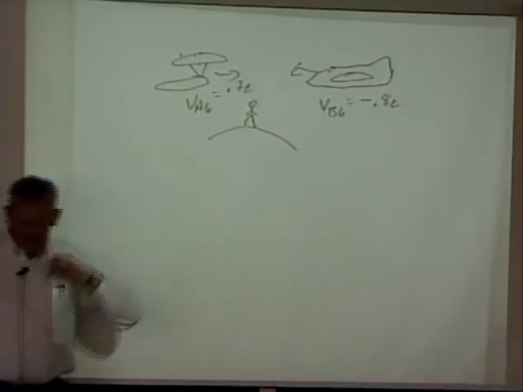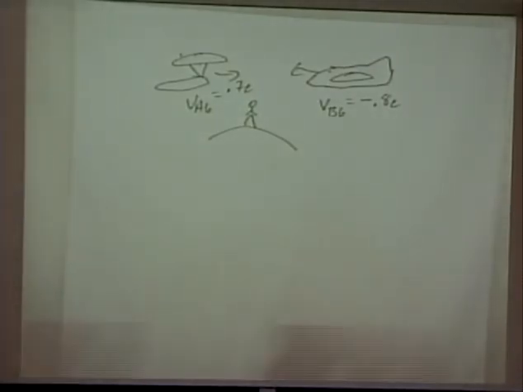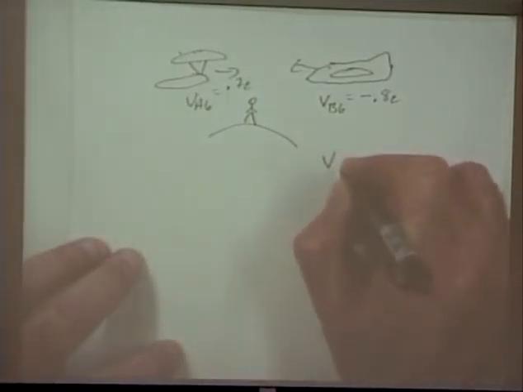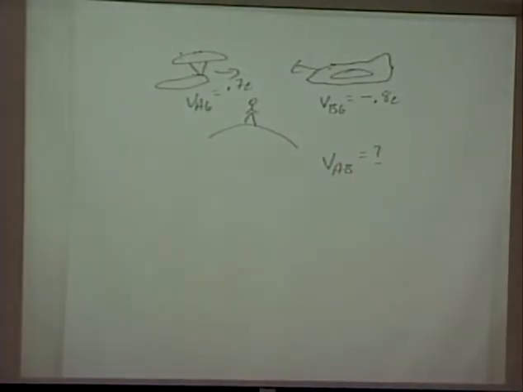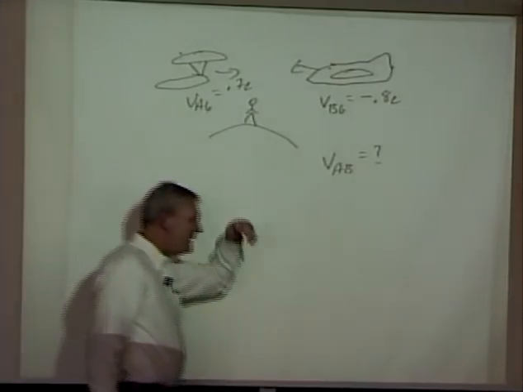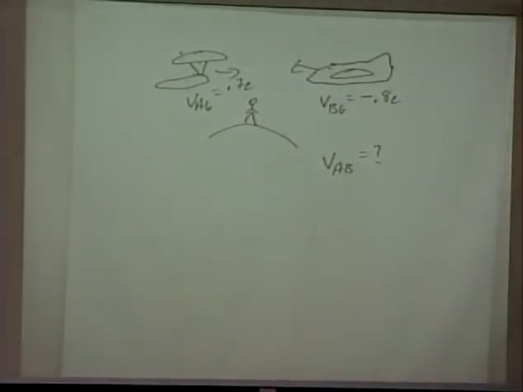What I want to do is find the velocity of A in relation to B. That's what that means. Again, what would Newton say the velocity of A in relation to B would be? Yeah, you would add these two, and it would come out to be 1.5 c, right?